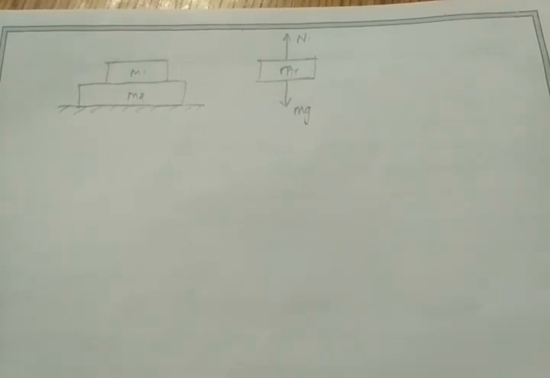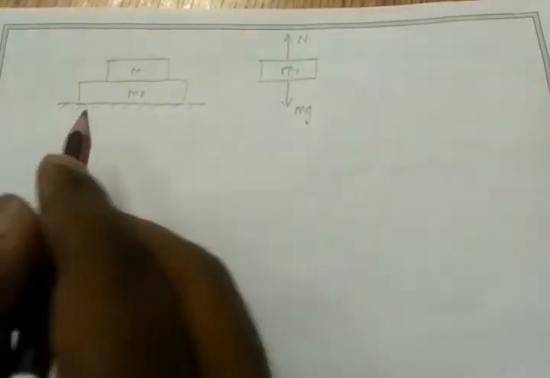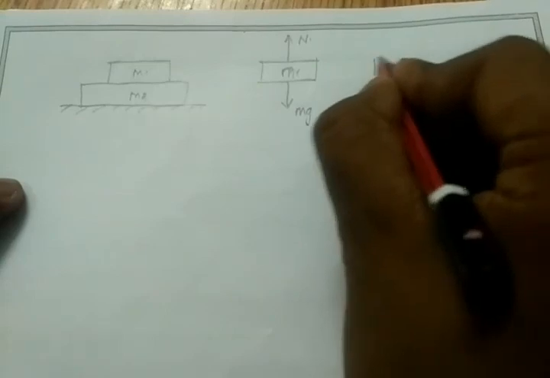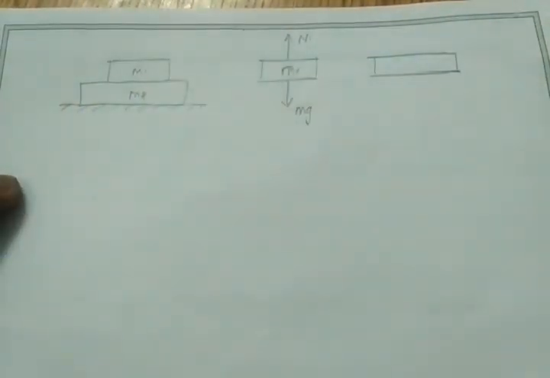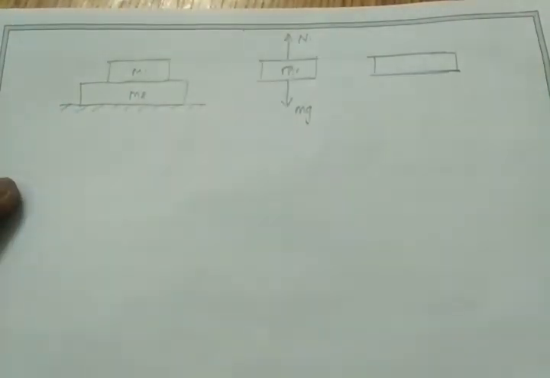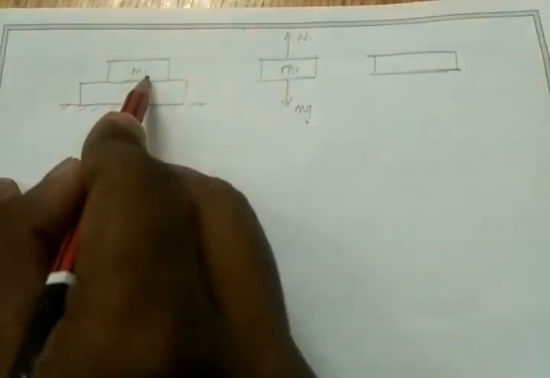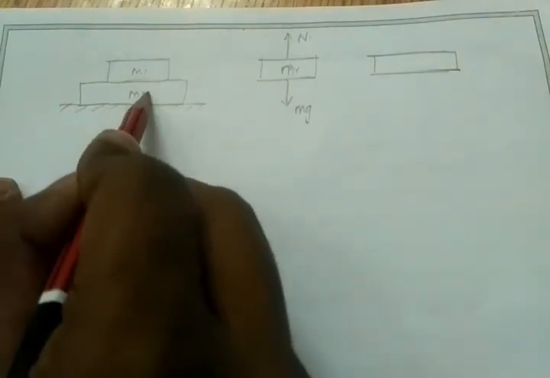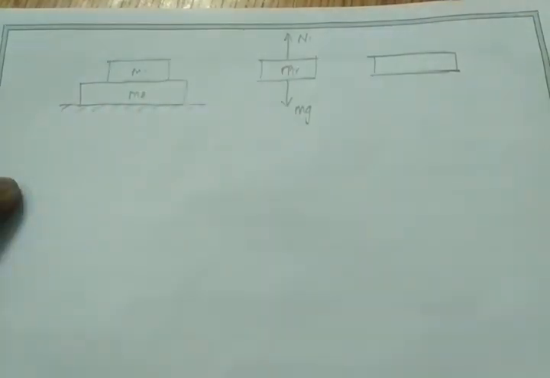Now think about what are the forces acting on m2. M2 has contacts with two surfaces. What are those two surfaces? First one is M1, next one is the floor. So M2 has two normal forces. The normal force provided downwards on M2 by M1, right?